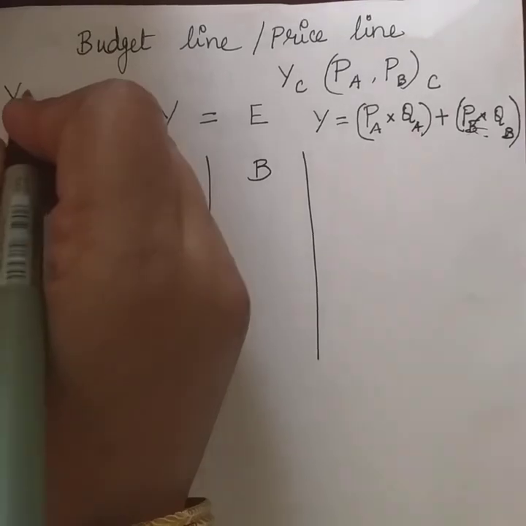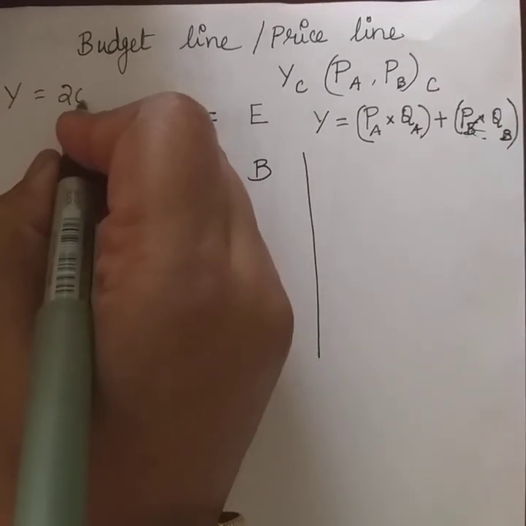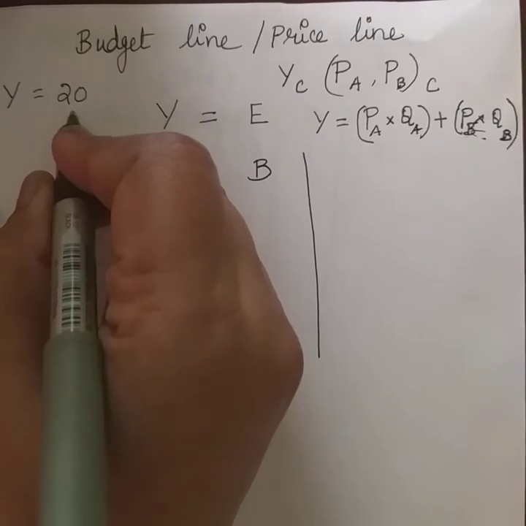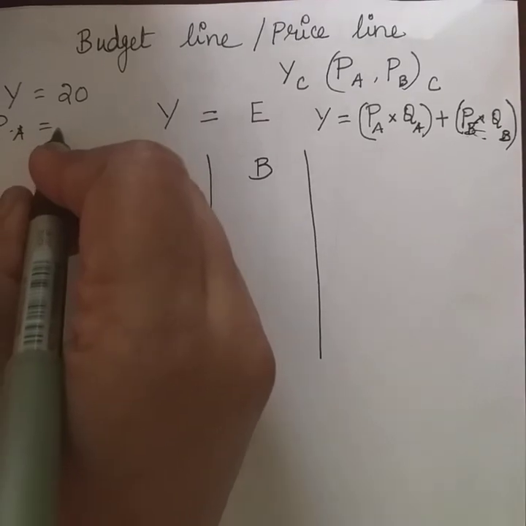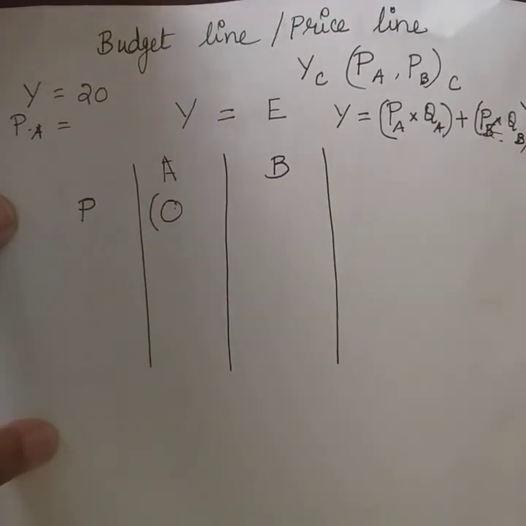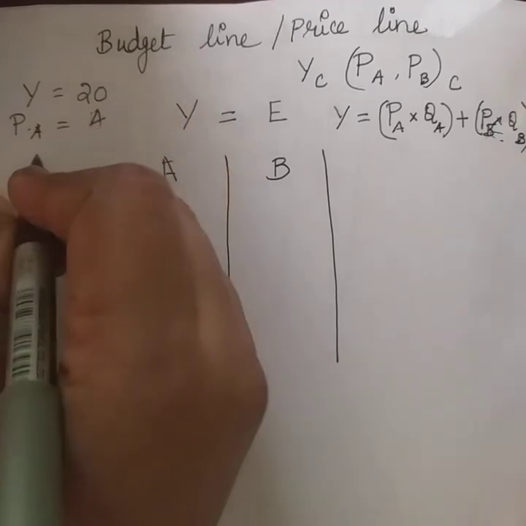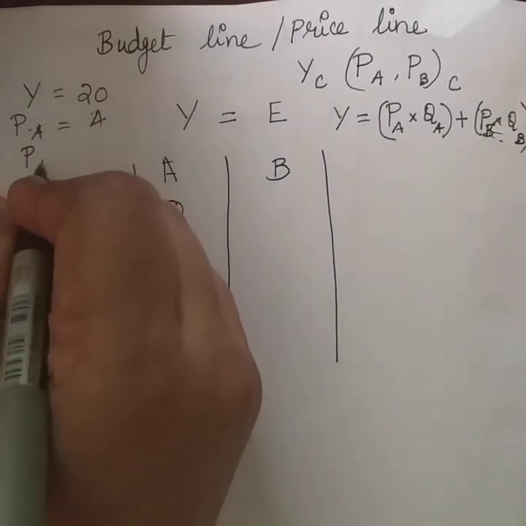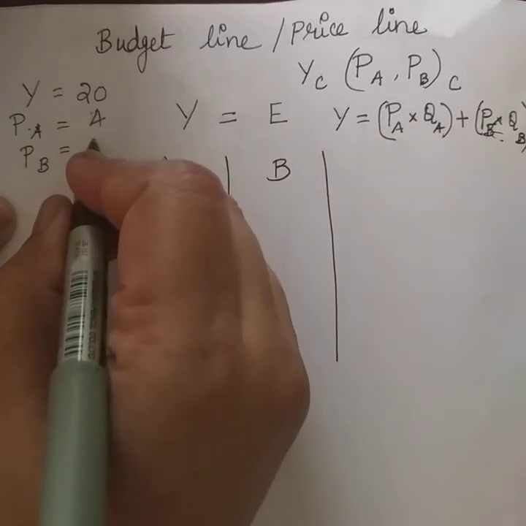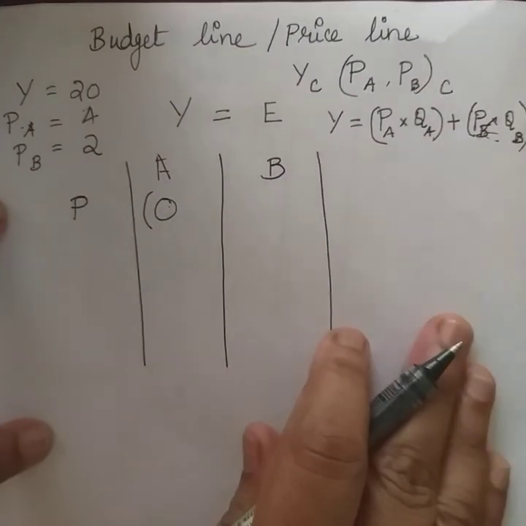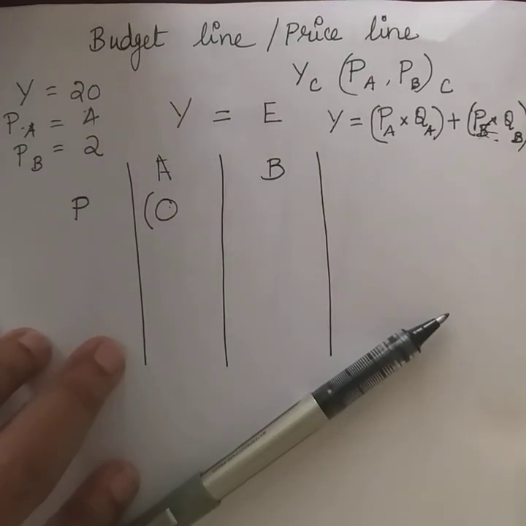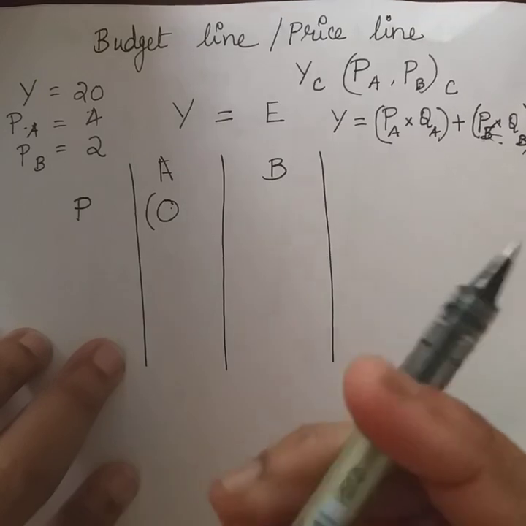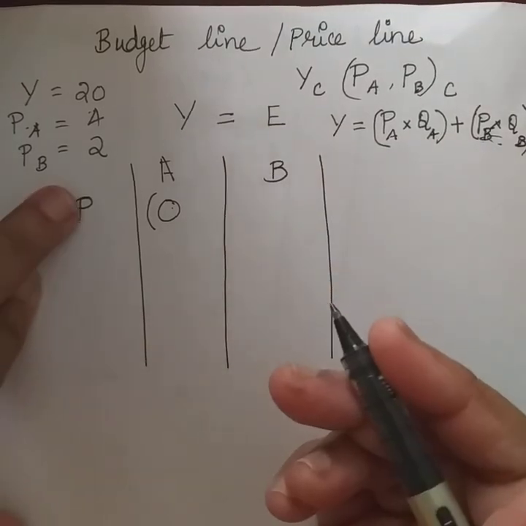The absolute money income given to the consumer is say 20, and the price of commodity A, which is apples, let us say is 4, and the price of commodity B, let us say is 2. So 20 rupees is the absolute income of the consumer, the price of commodity A is 4 and the price of commodity B is 2.